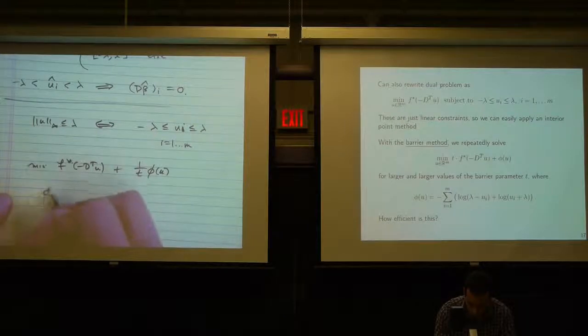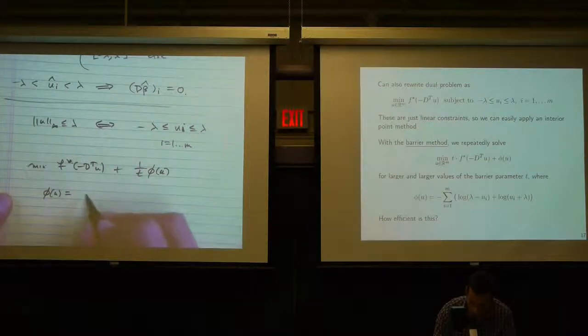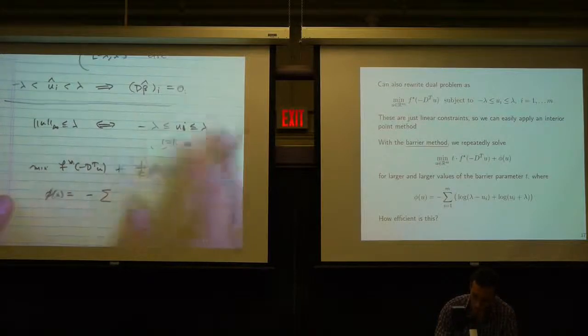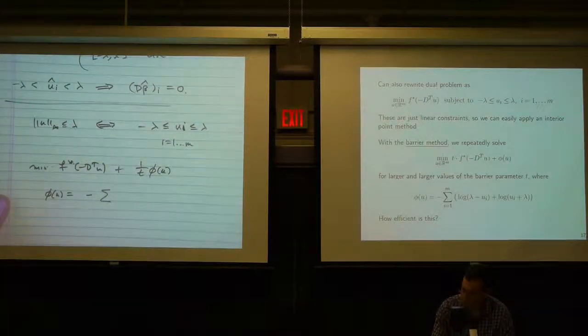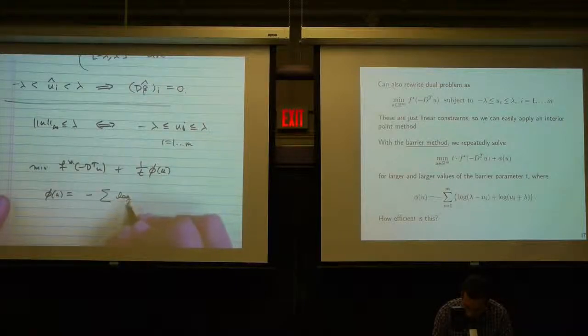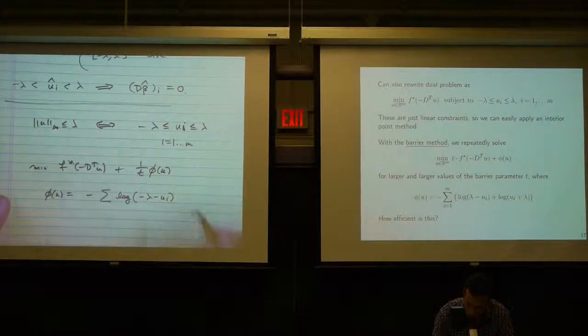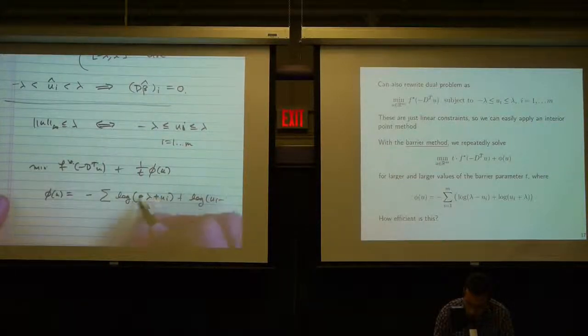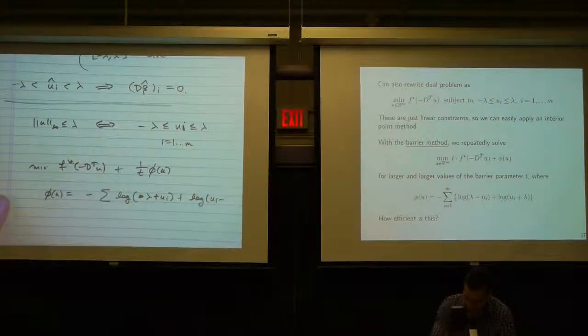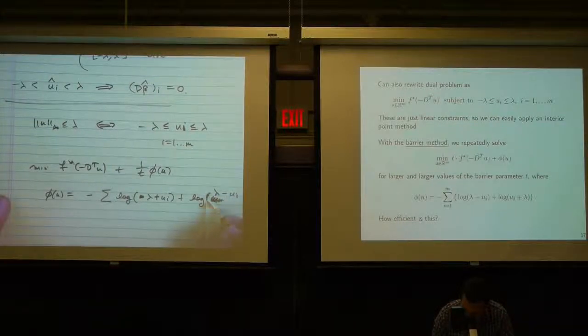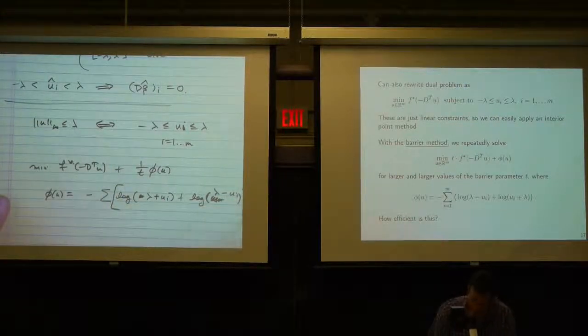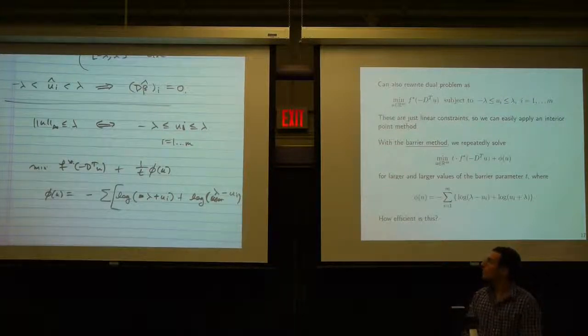And phi of u is going to be minus the sum of, so this is really two constraints for each i, log of minus lambda minus ui, and log of, that's incorrect, sorry, it should be plus because we need it to be positive, otherwise that's not defined. And this one's going to be lambda minus ui. Okay, so that's my barrier function.